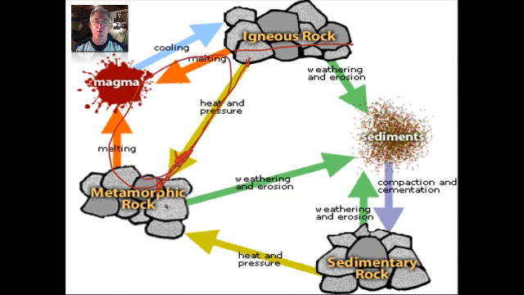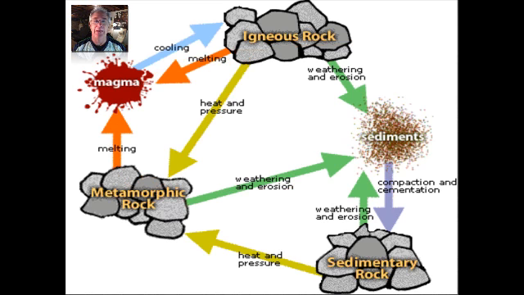If this metamorphic rock is above the Earth's surface and undergoes erosion, it will produce sedimentation, and then it undergoes compaction and cementation, where all the chemicals begin to interact with each other and make more of a solid substance. That will then become sedimentary rock.